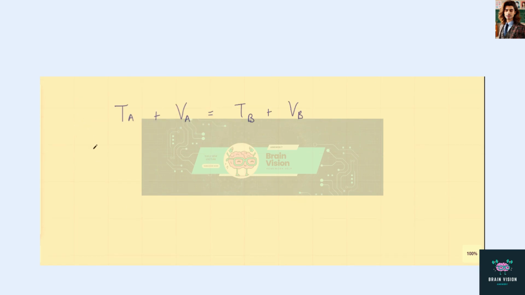The initial kinetic energy is a half mv squared. It's half times the mass of the satellite times its speed at A squared, minus its gravitational potential energy, which is universal constant G times the mass of the Earth times the mass of the satellite divided by the separation between them, Ra.